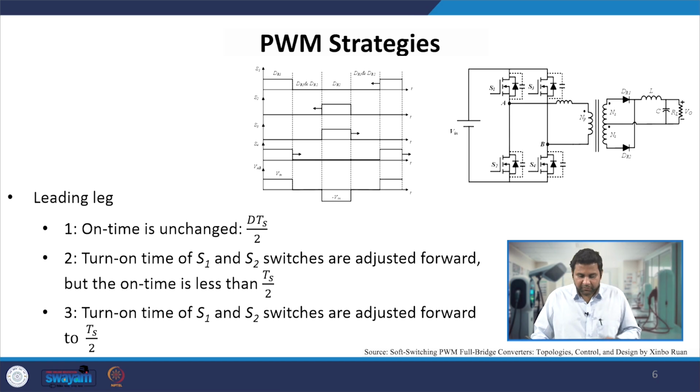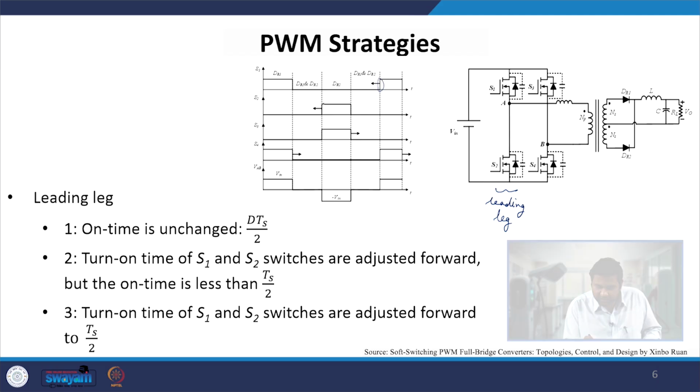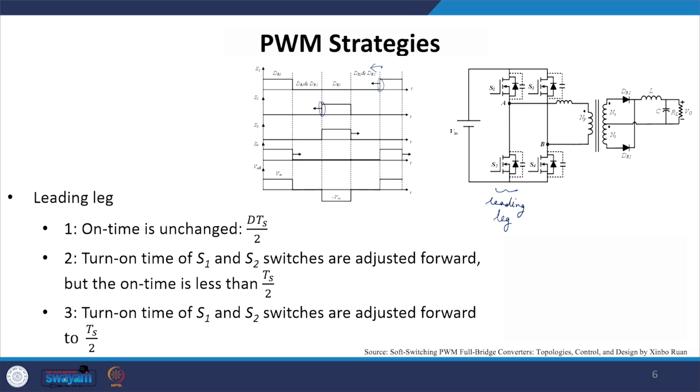The first possibility is obviously in the leading leg. This is the leading leg, which comprises switches S1 and S2. In the leading leg, what we are doing is increasing the turn on period of the S1 and S2 switches by changing this switching instance in the forward direction, on the rising edge.